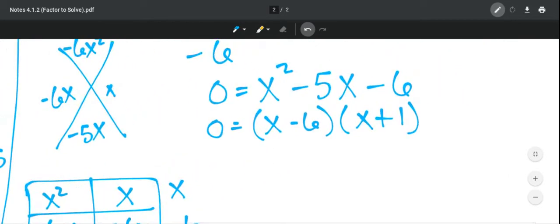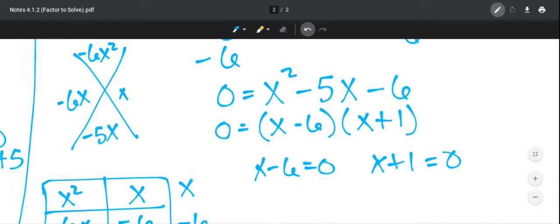And let's just double check using FOIL, and it works. If you need to do it off to the side, go for it. So now x minus 6 equals 0 and x plus 1 equals 0.